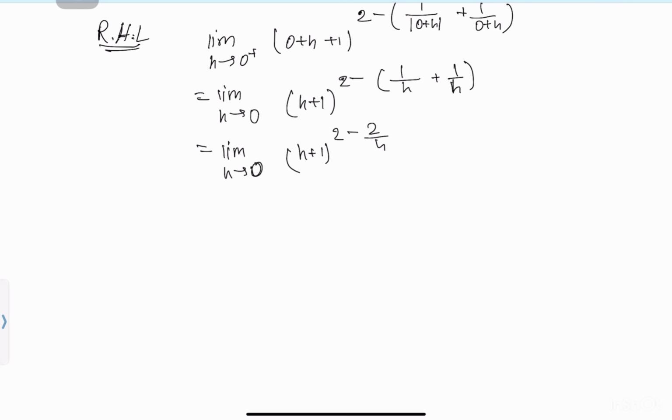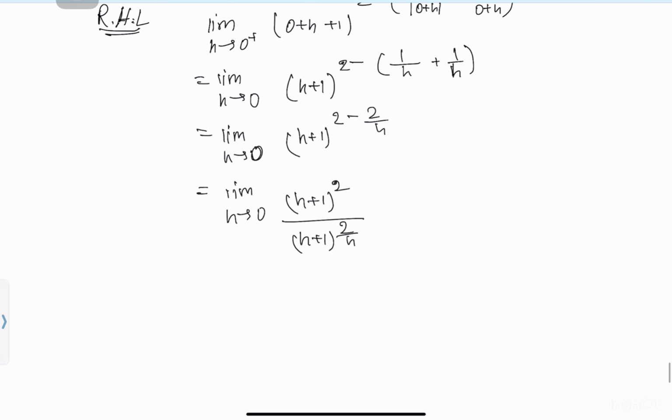Clear? So look here, limit h tending to 0, let's break this down. The squared term minus this becomes (h plus 1) whole to the power 2 by h.